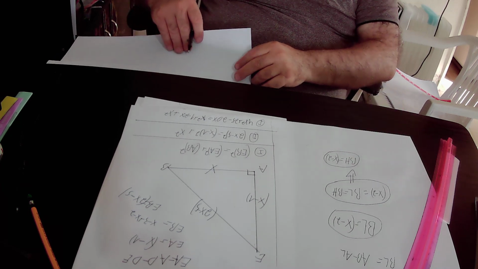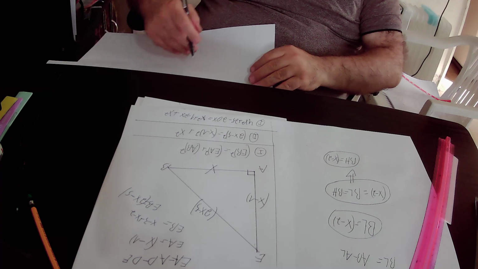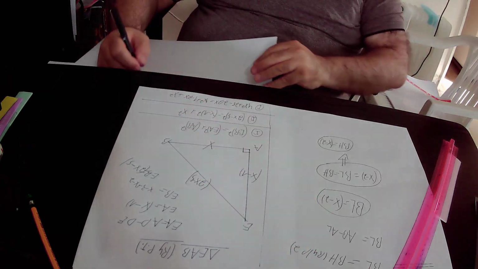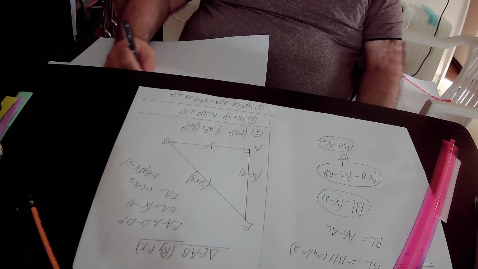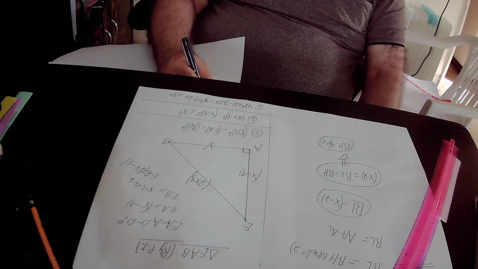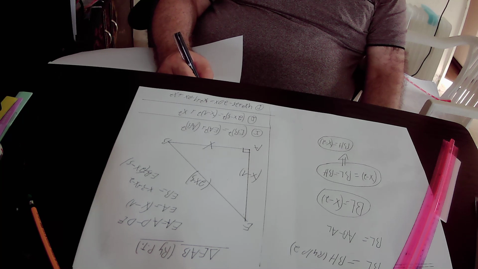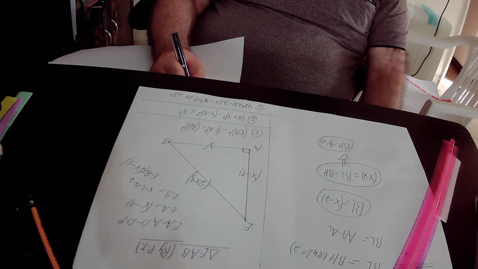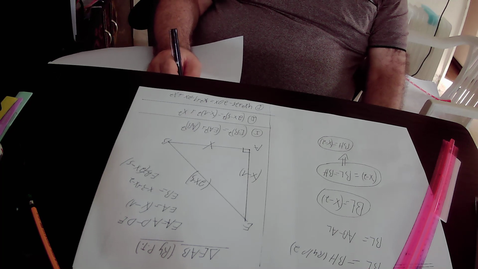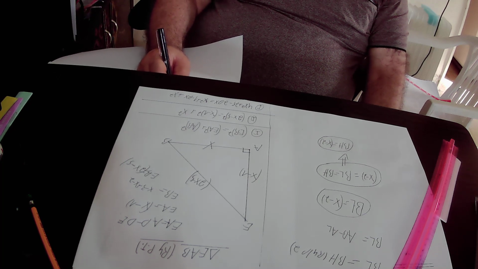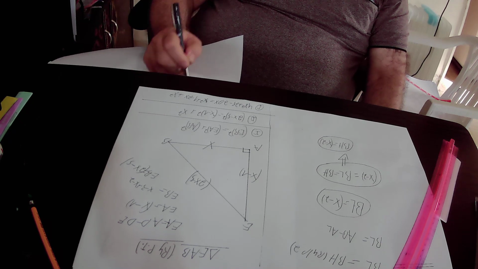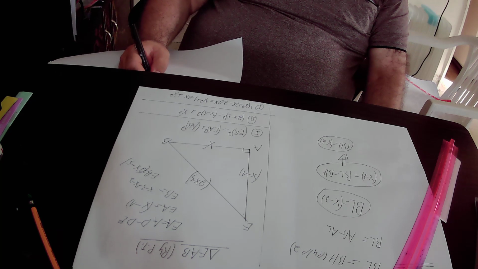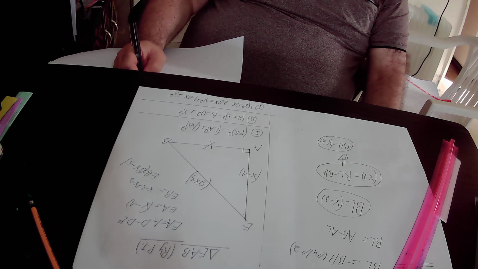So according to equation number 1, we found out that 4x squared plus 25 minus 20x equals x squared plus x squared, which is 2x squared, minus 2x plus 1.